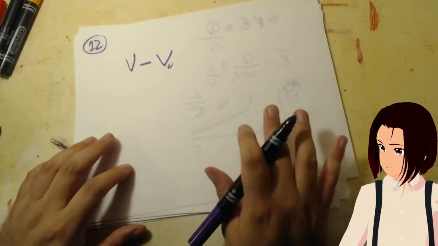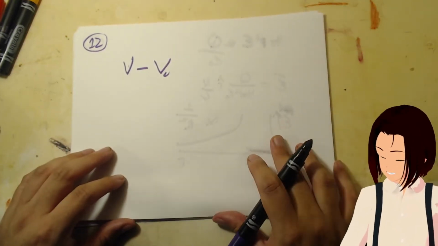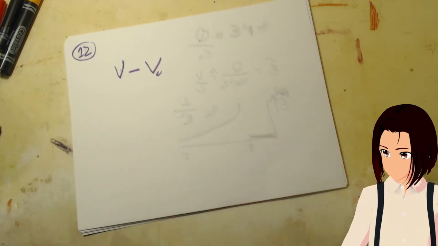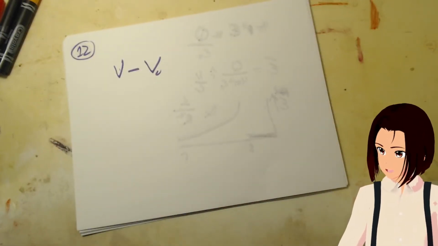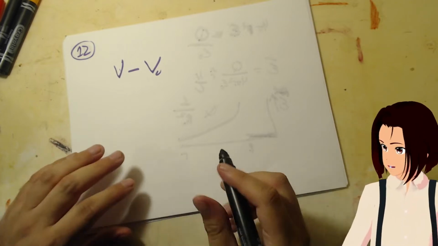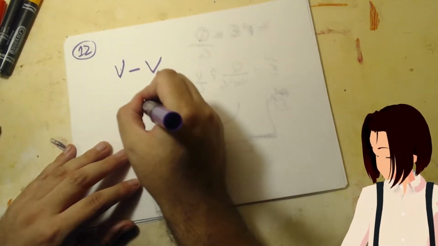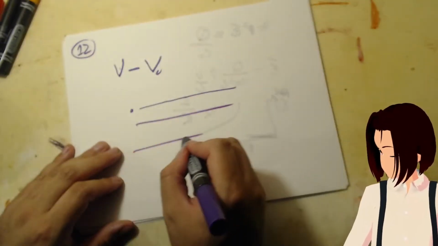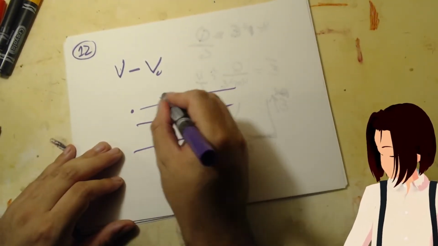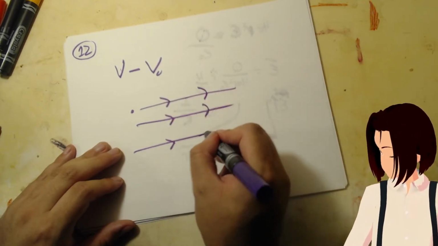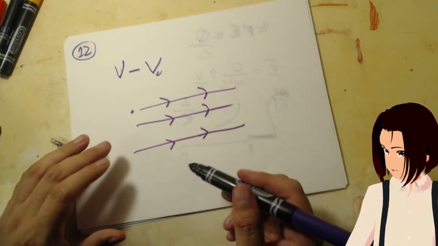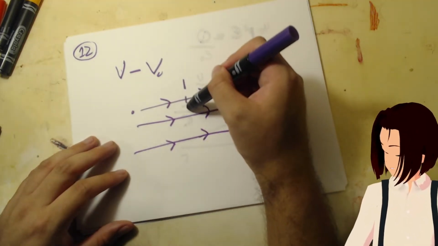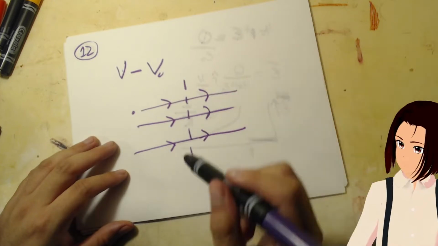So you have electric field lines. Let's say they're going in this direction. An equal potential surface could just be that.